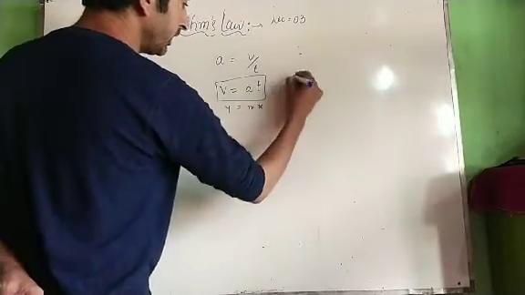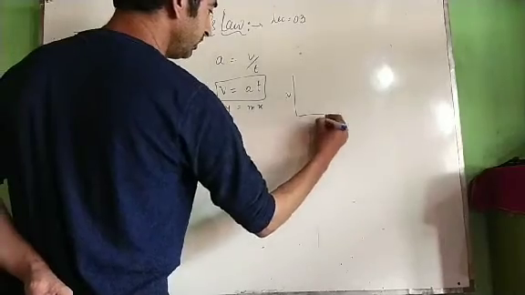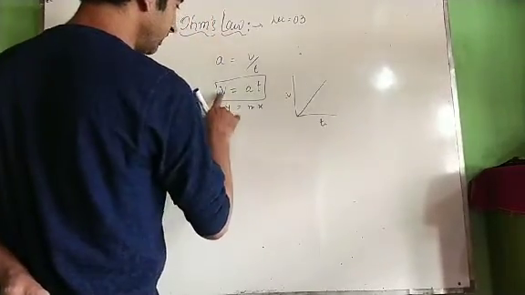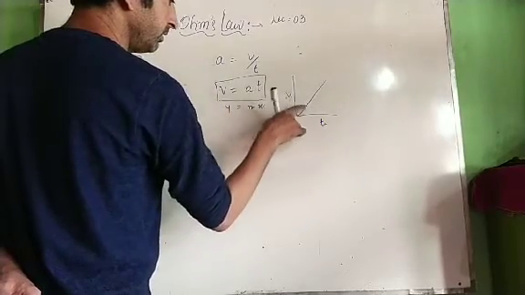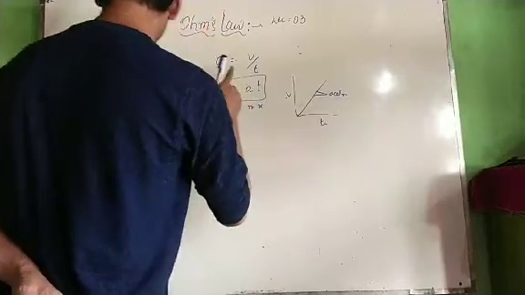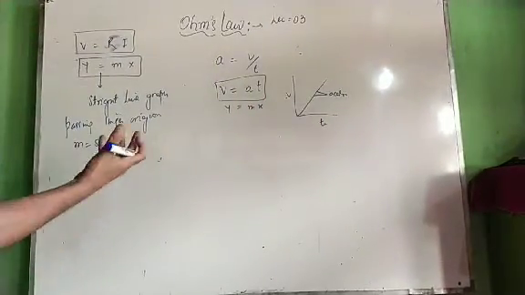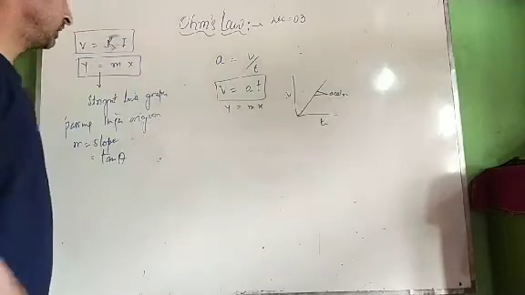If you plot a graph between v and t, V is our y, x is our t. You will get a straight line whose slope will be acceleration. Wherever you have an equation of this type, you will always get a straight line passing through the origin with slope.